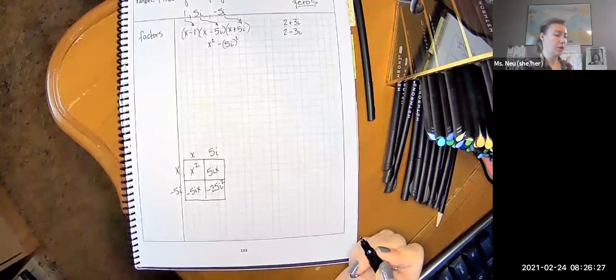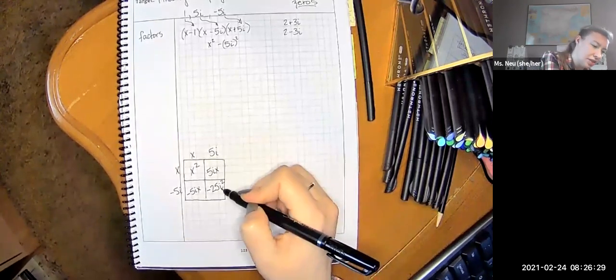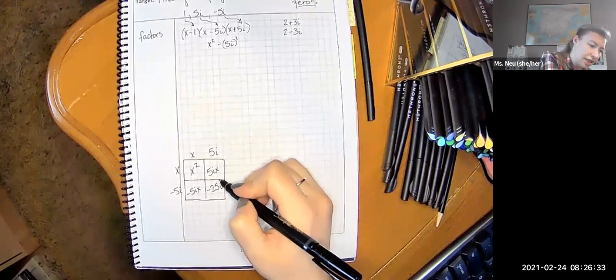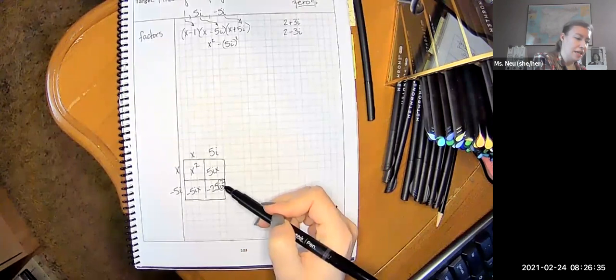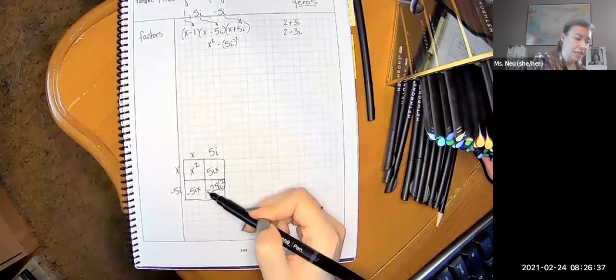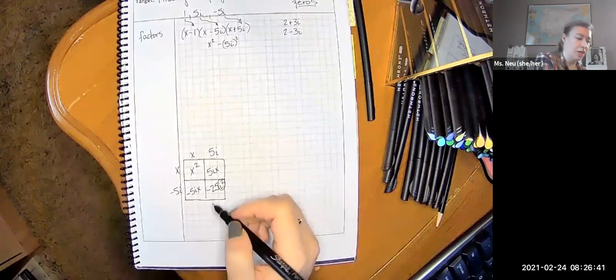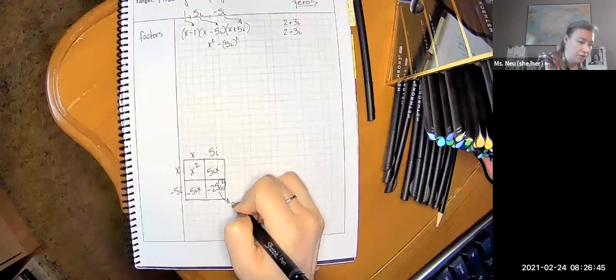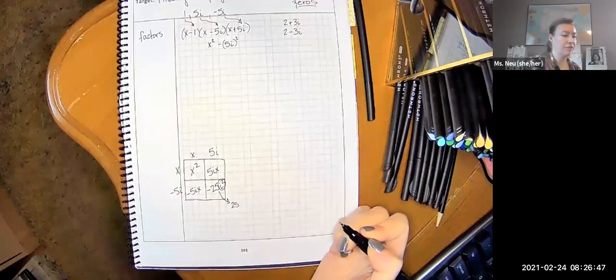Okay, boom. All right, and I do notice that this i squared, that's really going to be -1. So I'm going to have -1 times -25. This is just going to pop out and become positive 25. I'm just going to make a note that that's really just 25.